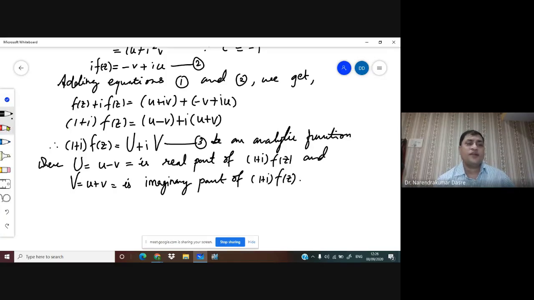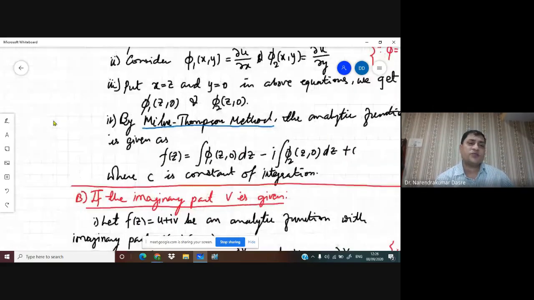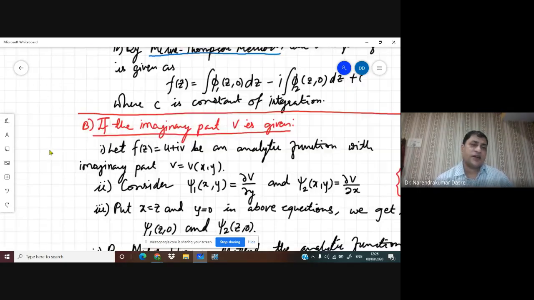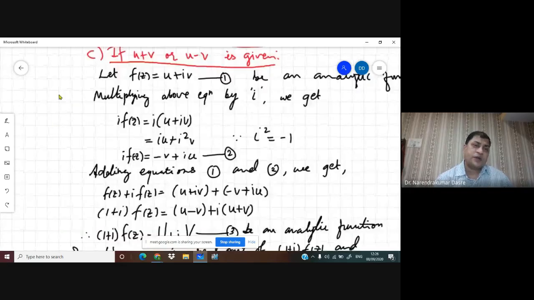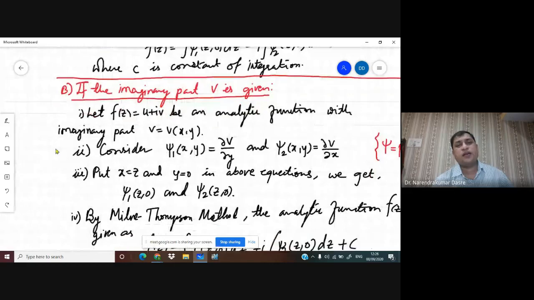Once I have the real part or the imaginary part, so if I have u minus v, I'll follow the real-part case, because that is going to be the real part with the function (1 plus i) times f(z), and this will be capital U. The small u in this case will be capital U. And if u plus v is given, that is small u plus small v is given, then it becomes capital V, and then we have to follow the second case when the imaginary part is given.